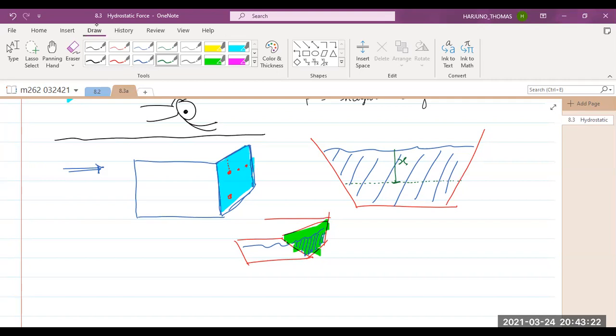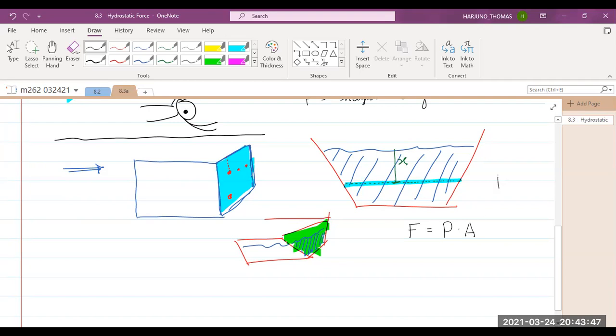Now then, the force experienced by these points, all of them, will be equal to the pressure times the area.